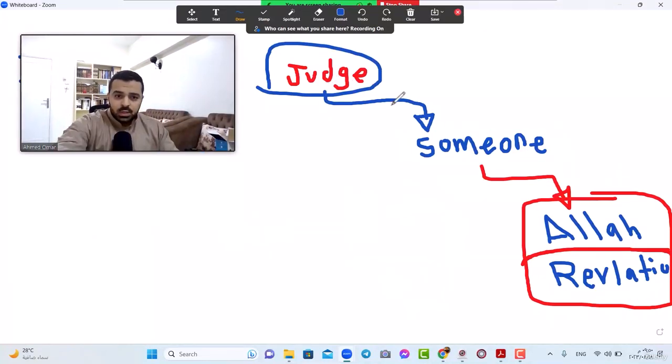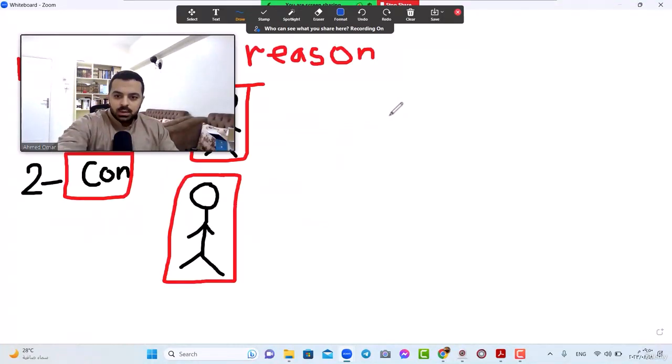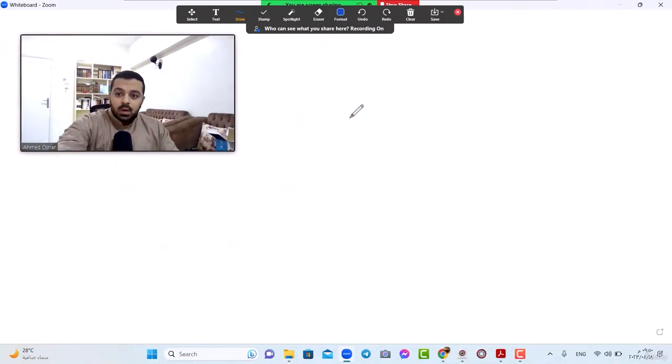Now, let me ask you something. We have 4 judgments to judge a proposition. We can judge according to the country's law, or heavenly law, like revelation, sharia, like Islam, or Judaism, or Christianity.